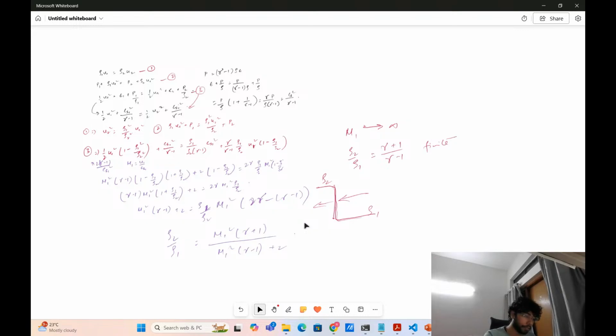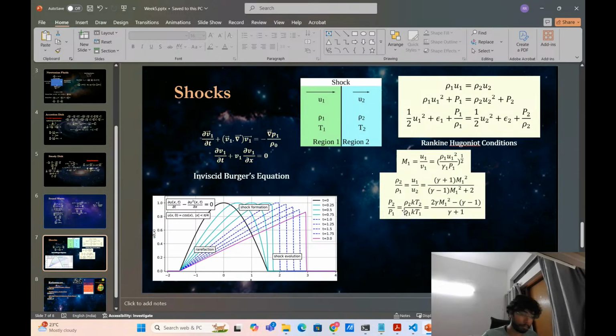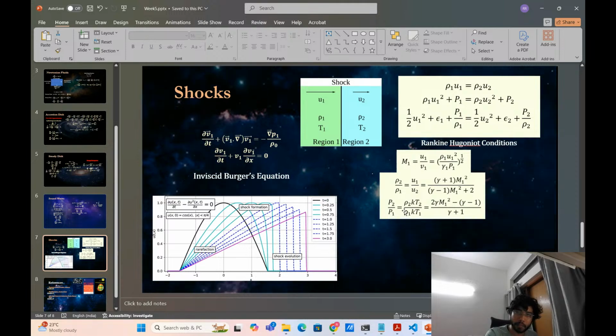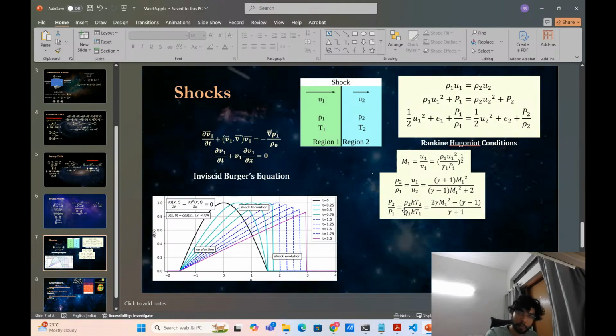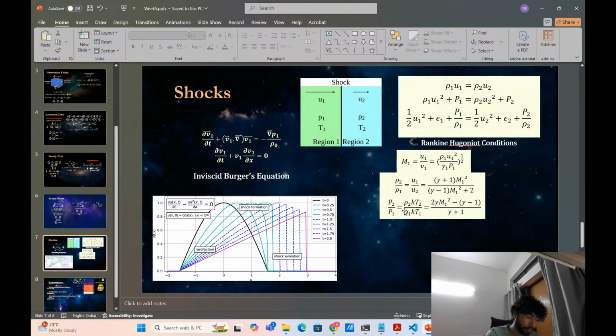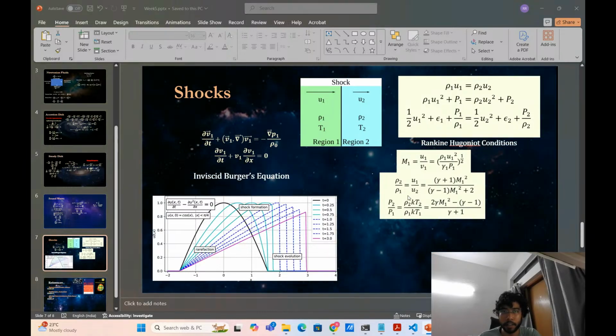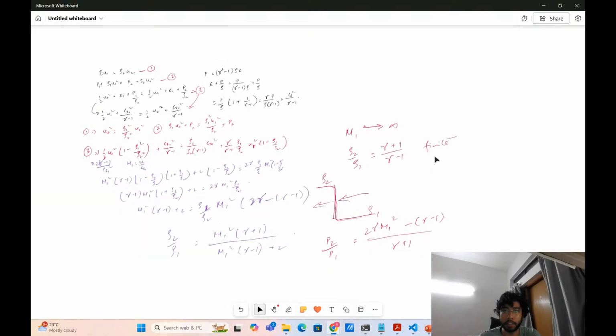Whereas if you look at the pressure relation, for example P2 by P1, and put M1 tends to infinity, this will come out to be infinity. So there is an infinite jump in pressure, whereas there is a finite jump in density.